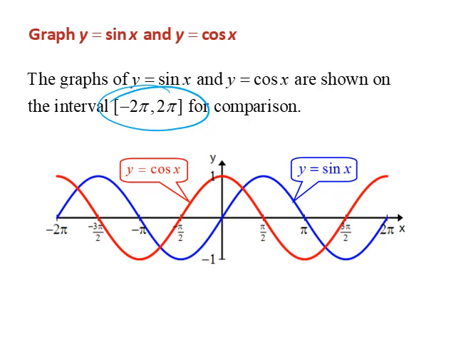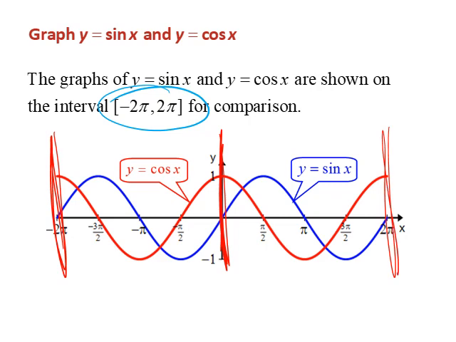So we have one negative cycle and one positive cycle. And you can see the difference between the two. The blue function, or sine, starts and ends on the baseline, whereas the red function, or cosine, starts and ends at its maximum.